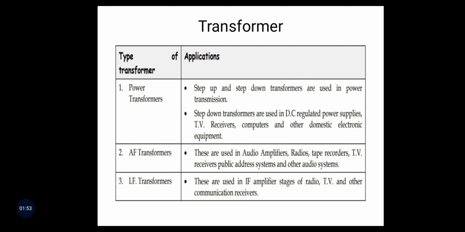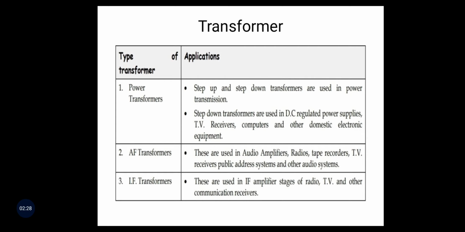There are different types of transformers. First one is power transformers. What is meant by power transformer? Step up and step down transformers are used in power transmission. A step up transformer increases the voltage.